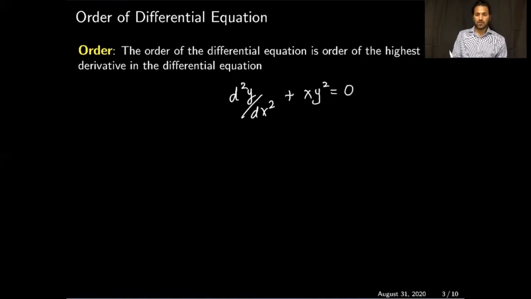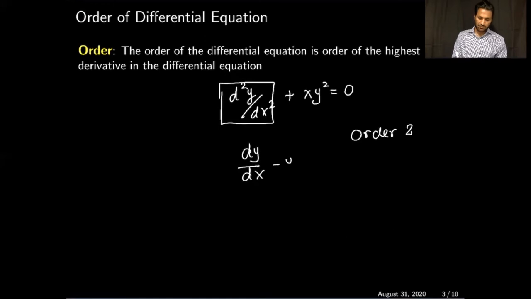In this case, the order of the differential equation is 2 because the highest order derivative in this differential equation is 2. And in this example, dy by dx minus y is equal to 0, this is a differential equation, and the order of this differential equation is 1 because the highest order derivative of this differential equation is 1.